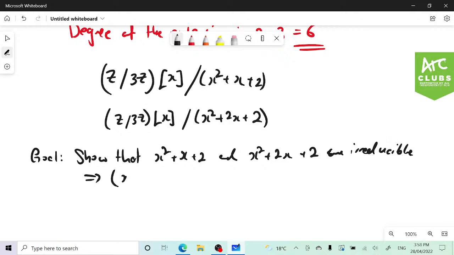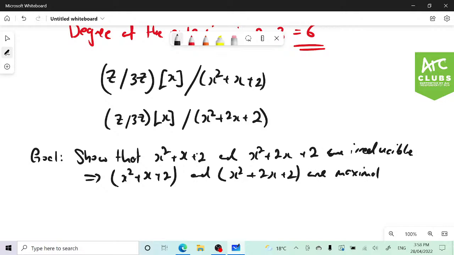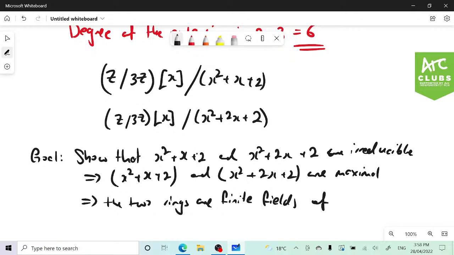What that means is that the ideals generated by them are maximal. And what that implies is that the two rings are finite fields of 3 to the power of 2 elements.